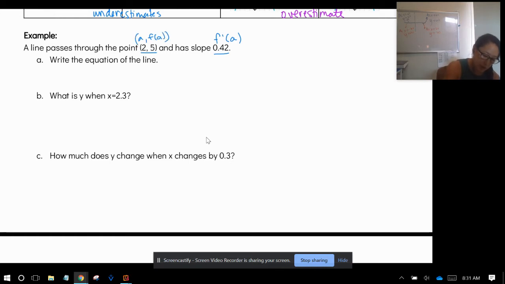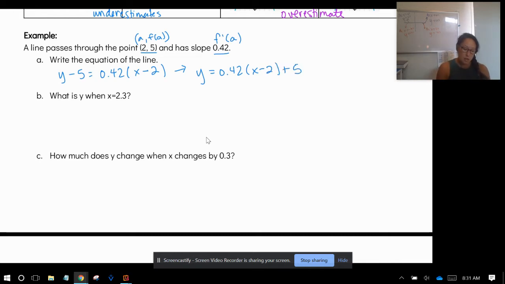So I have y minus 5 is equal to the slope, 0.42, times x minus 2, and then we can solve for y, or that's fine. It doesn't really matter which one you use, plus 5.